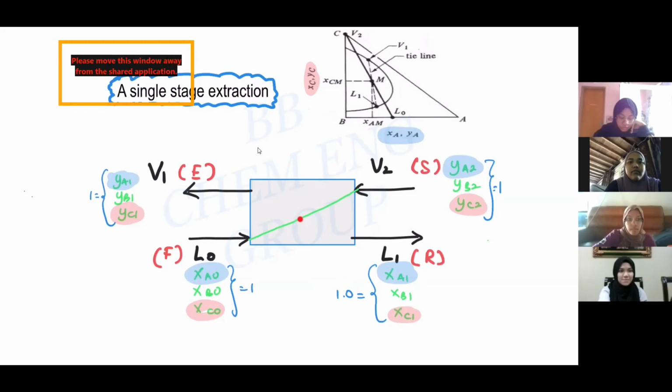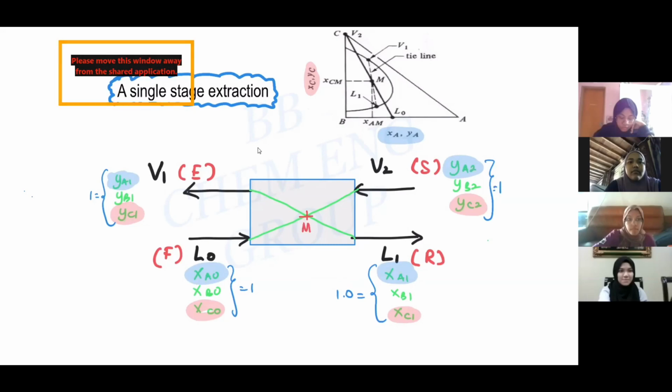And then you need to connect your raffinate with your extract. Along the way you're going to have the coordinates for the mixture, but the intersection between the two lines is called the coordinate for the mixture.